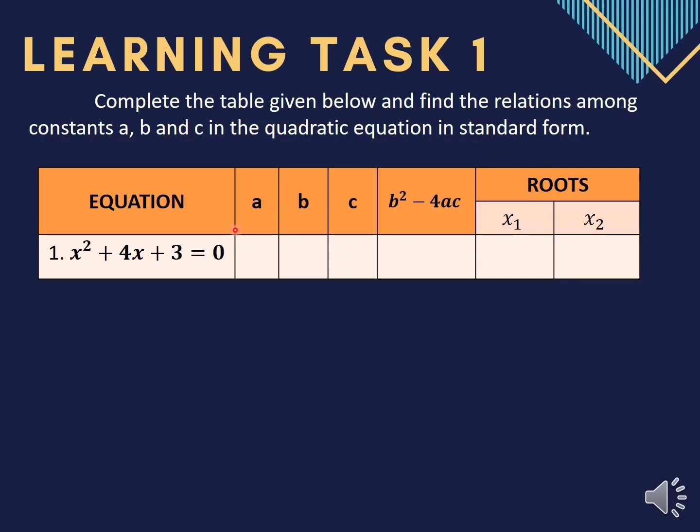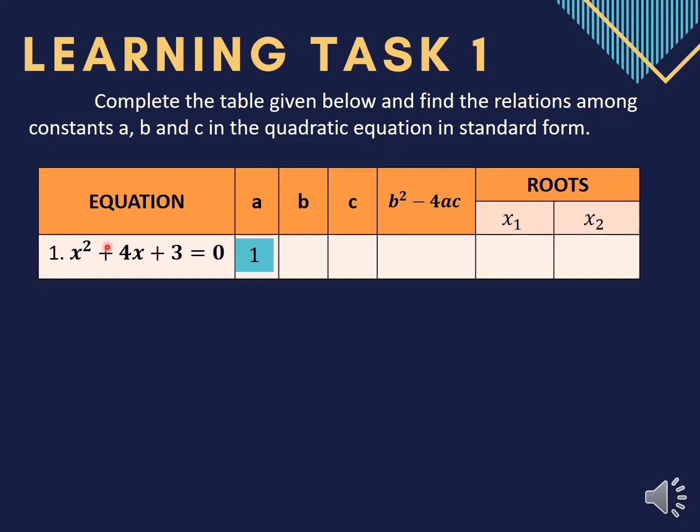So let us find first the values of the real numbers a, b, and c. As we recall, the value of a is the numerical coefficient of our quadratic term, and that is 1. How about b? b is the numerical coefficient of our linear term.